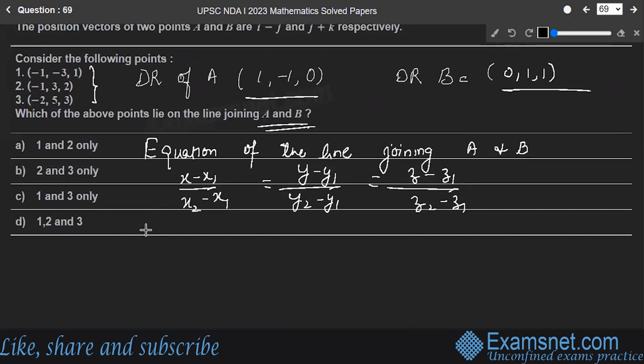So this equals x minus 1 upon minus 1, equals y plus 1 upon 2, equals z minus 0 upon 1.